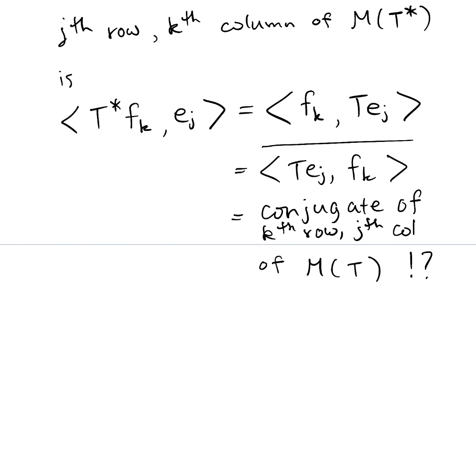This is fantastic. If you want the jth row, kth column of the matrix for T star, that's nothing other than the kth row, jth column, conjugated, of M of T.